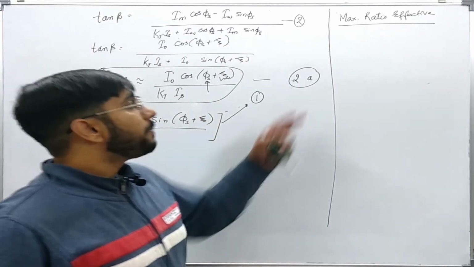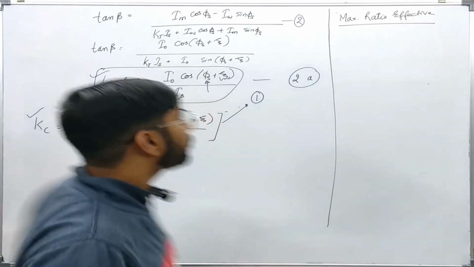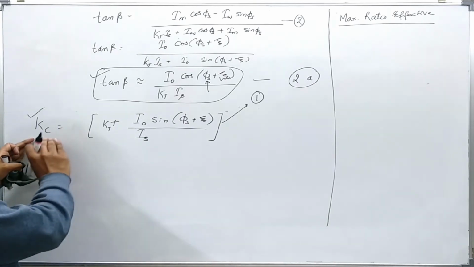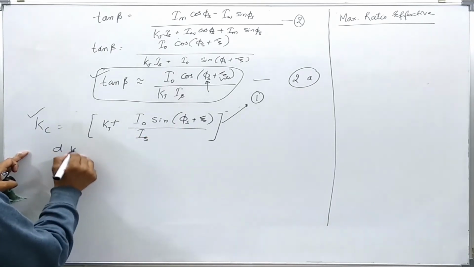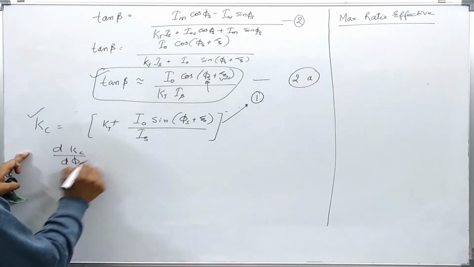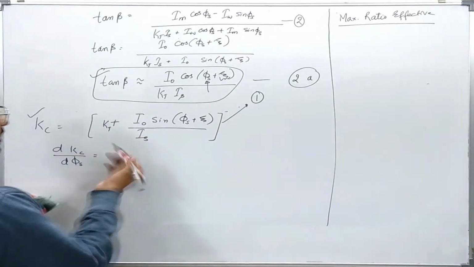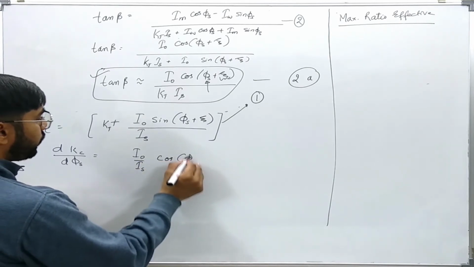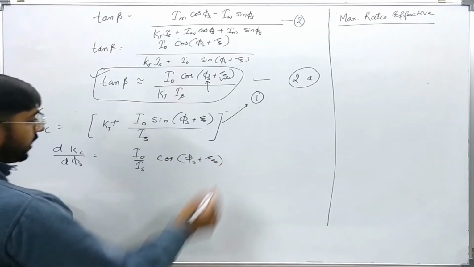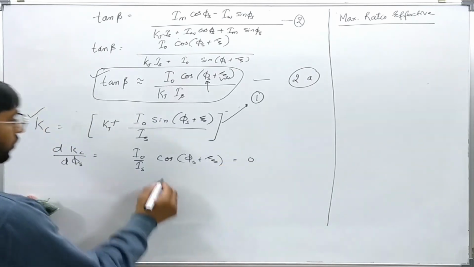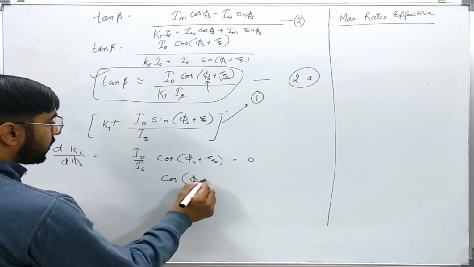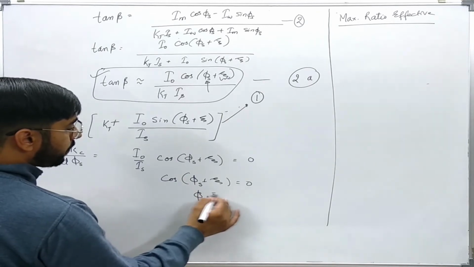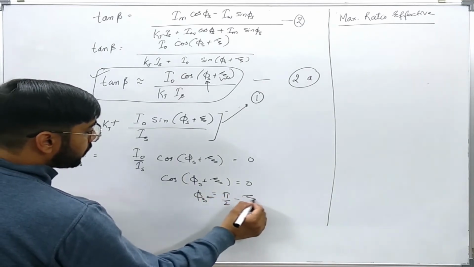Now let us see what will happen when we have maximum effective ratio. To find that, we will differentiate K_c, the effective ratio, with respect to phi_s. So dK_c divided by d phi_s, the differentiation, we can see as I_0 over I_s cos(phi_s plus zeta), and equating it to 0, we have cos(phi_s plus zeta) equal to 0, or phi_s equal to pi by 2 minus zeta.